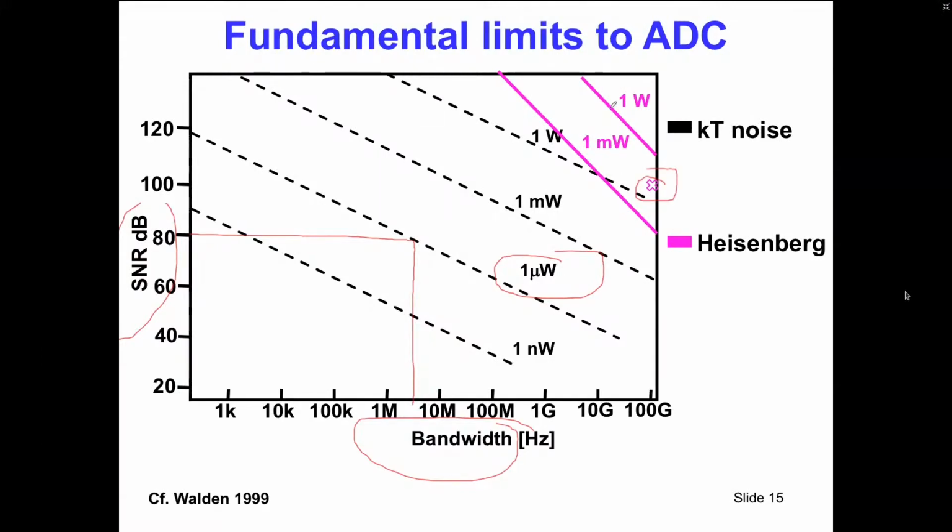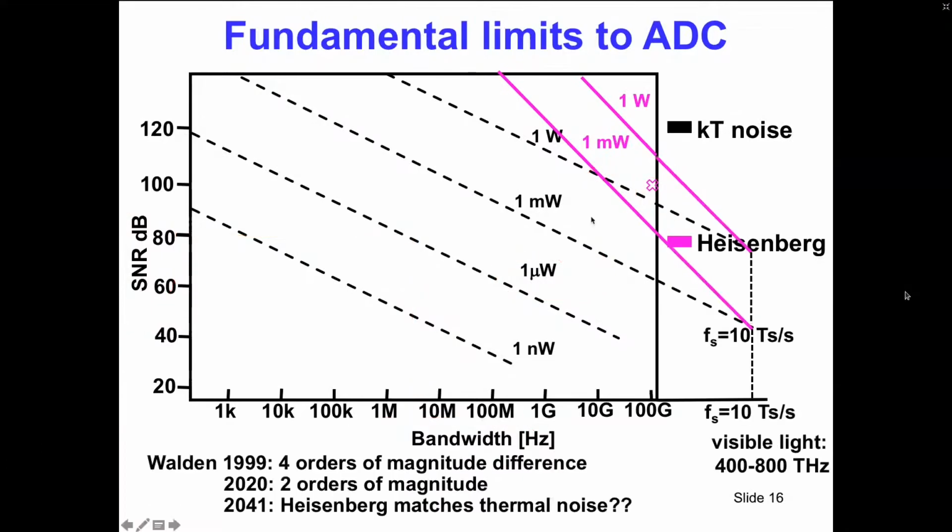Here are the Heisenberg lines, and here are the thermal noise lines, and you see that we are still okayish. Say over here we need 1 watt for the thermal noise and 1 milliwatt for the Heisenberg, so what the heck? Well, not for us.